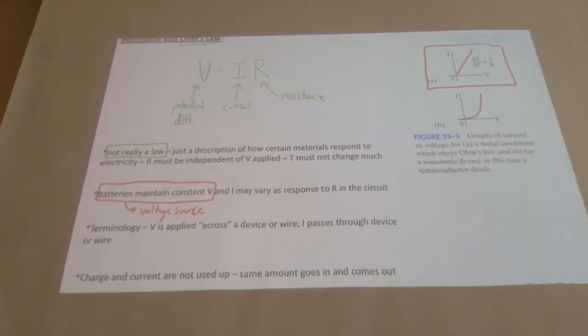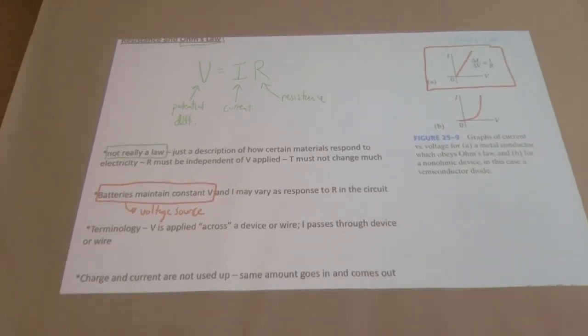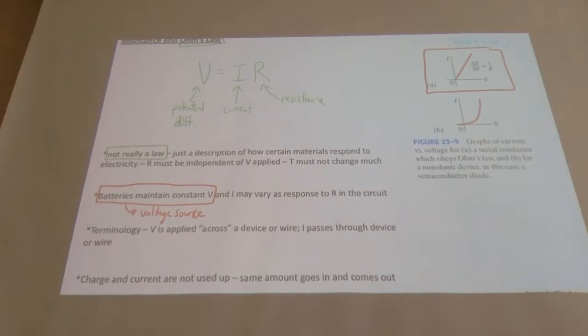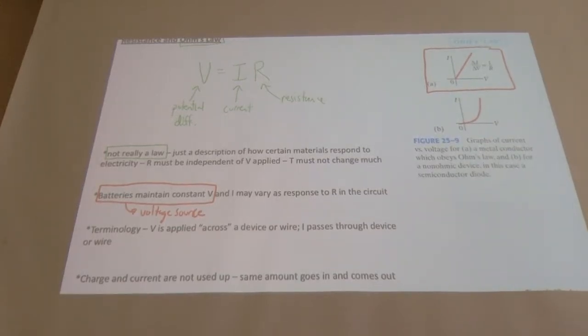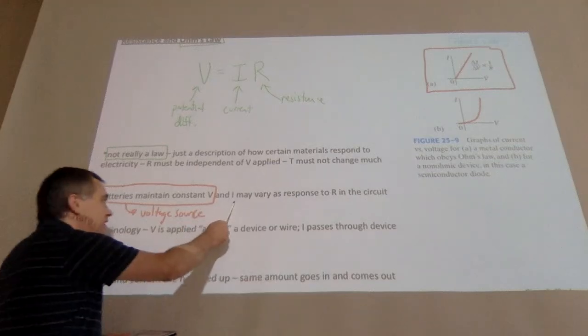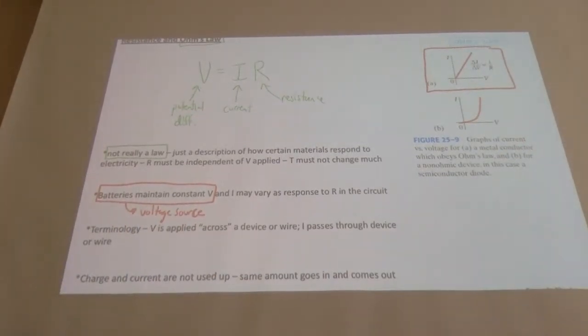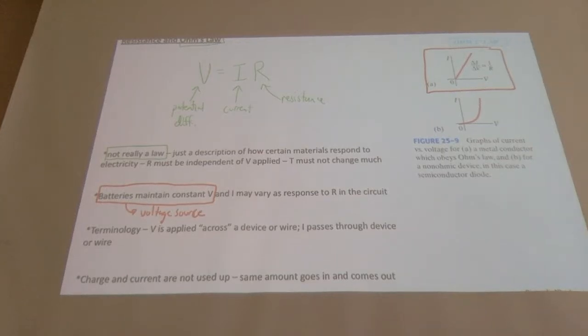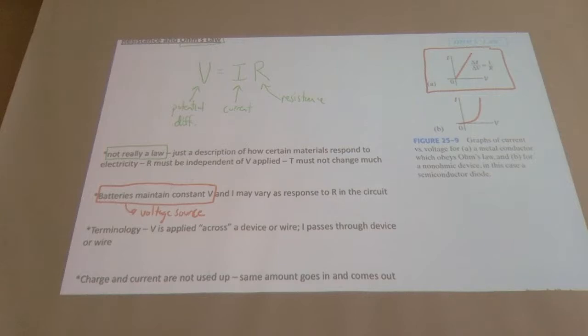That's the purpose of the battery. This is how much potential difference is in the circuit to power the circuit. What happens then is we may hook up a variety of things in the circuit that provide opposition or resistance, and the current is going to vary according to that. Looking back at Ohm's law, V is a constant. If I have more R, I'm going to have less current because less can get through because there's more opposition, and vice versa.